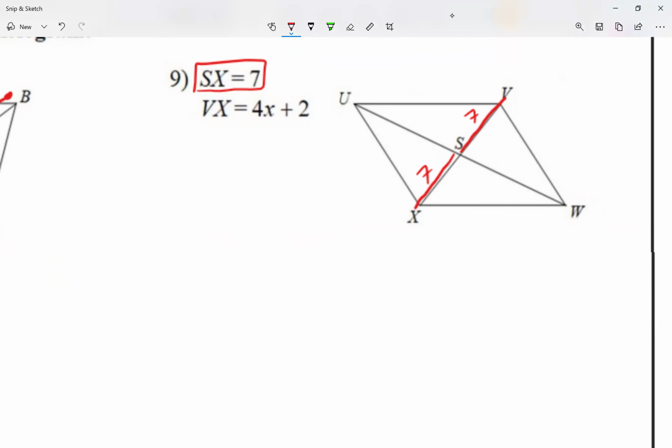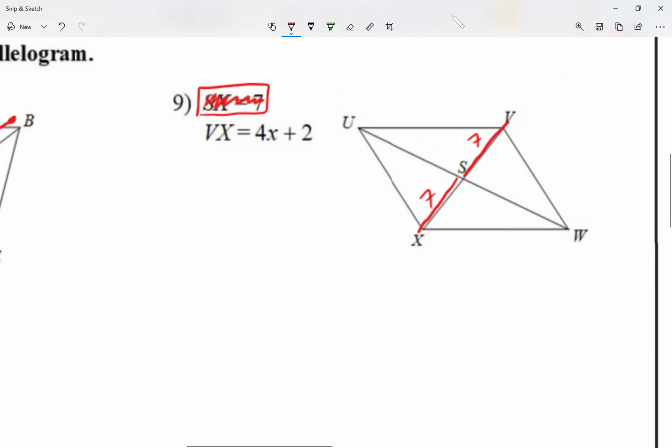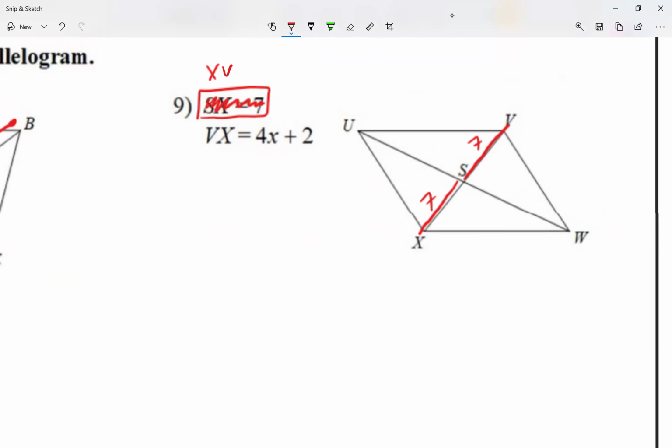Now, some of you might be like, what if I didn't give you SX equals 7? What if I said XV is 14? Well, that's basically the same thing because XV is the whole segment. But remember how diagonals cut each other in half? So I will cut 14 into two halves, 7 and 7.